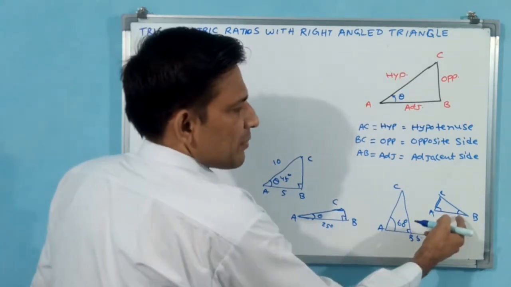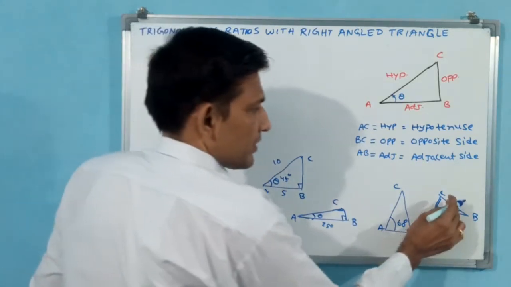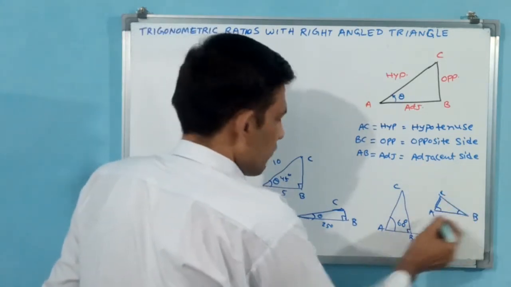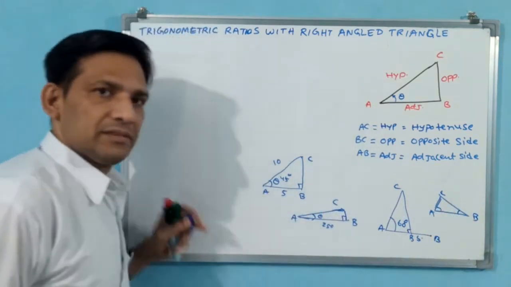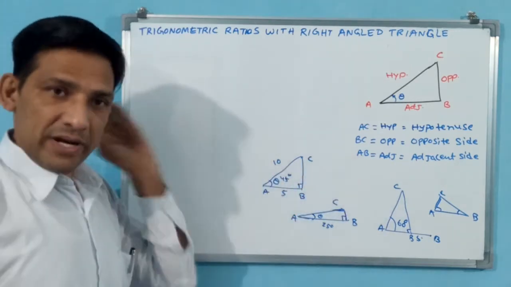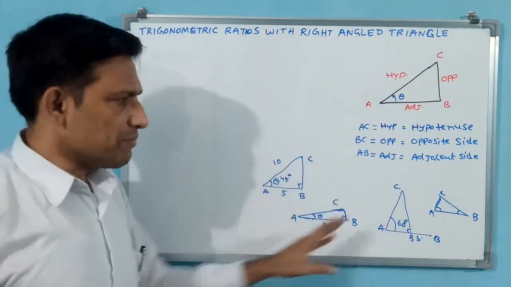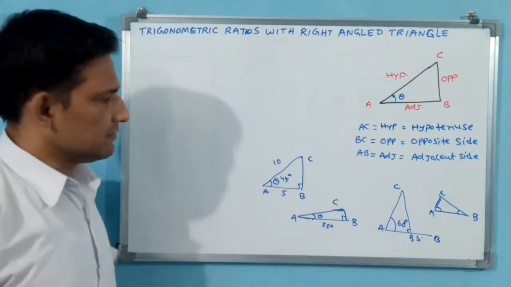Rather than 90 degrees, some other angle will come. At that time, if you want to keep this same, it may touch somewhere else. You understand? That means if you change the angle, automatically the heights and bases are also going to change. That you have to keep in your mind.